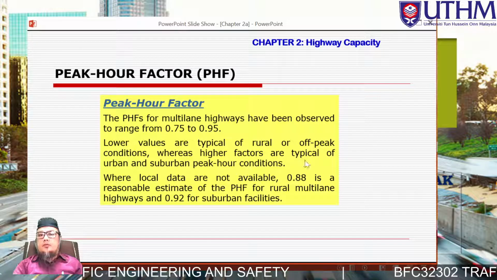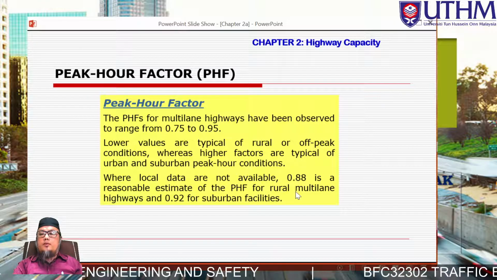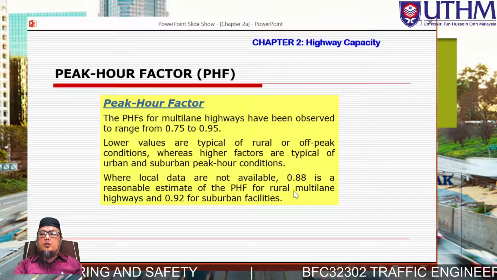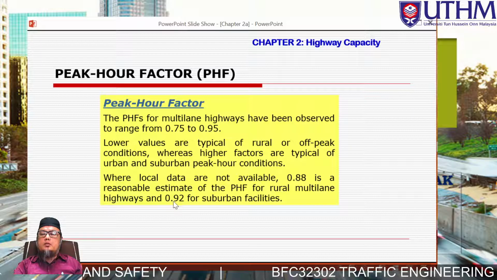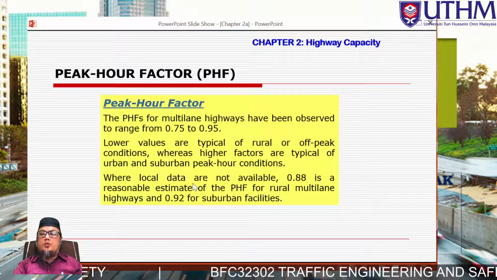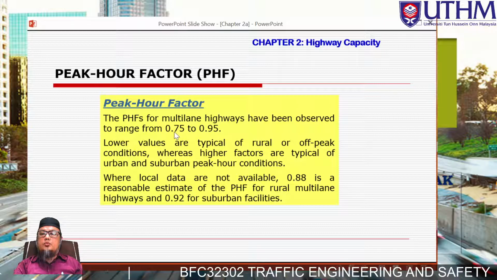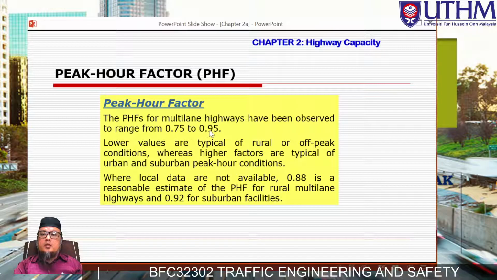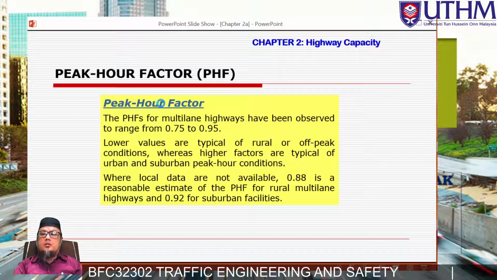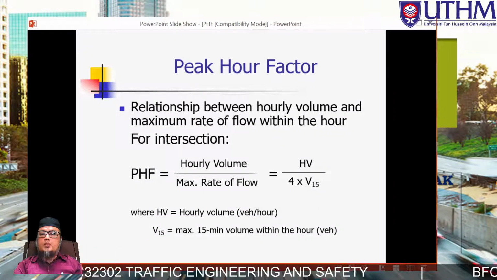If not available, we can assume 0.88 for rural, and for suburban 0.92. We cannot use a value beyond this range. The range should be 0.75 up to 0.95. So we just see this example.